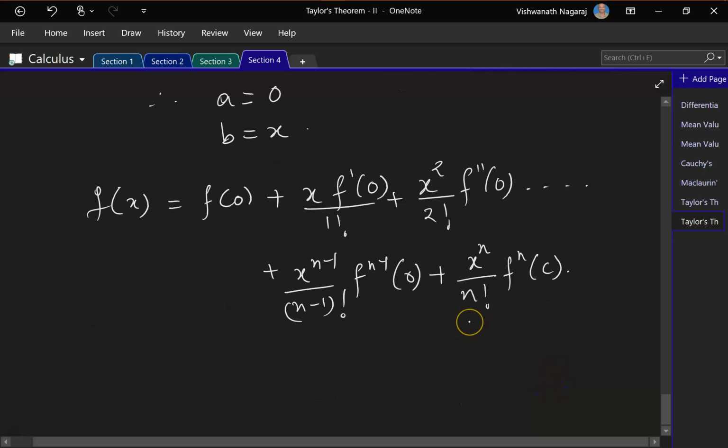Now this is what? This is nothing but Maclaurin's theorem.